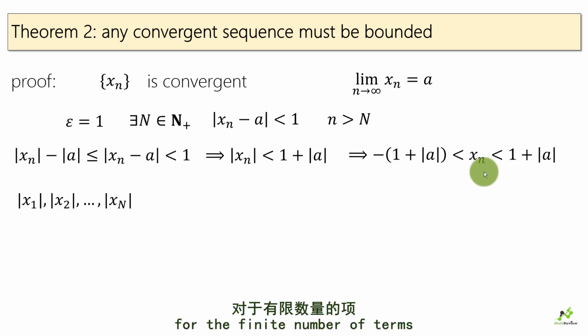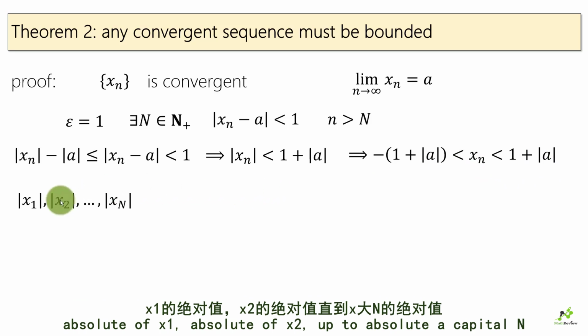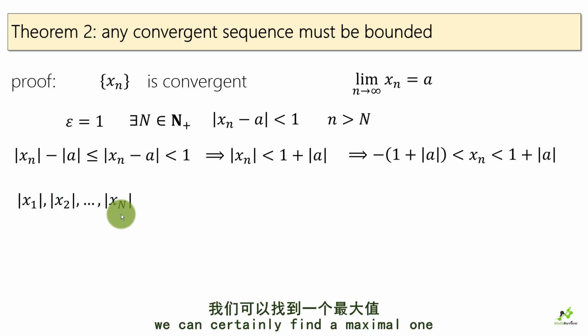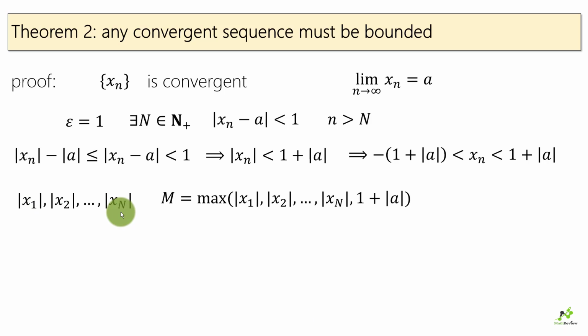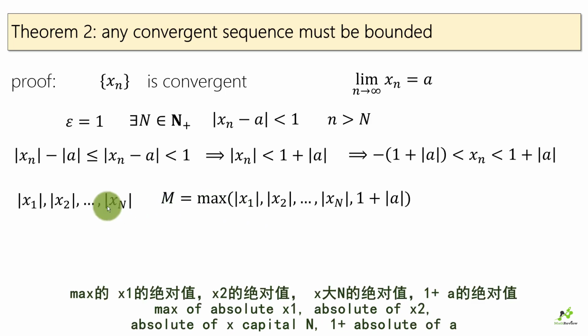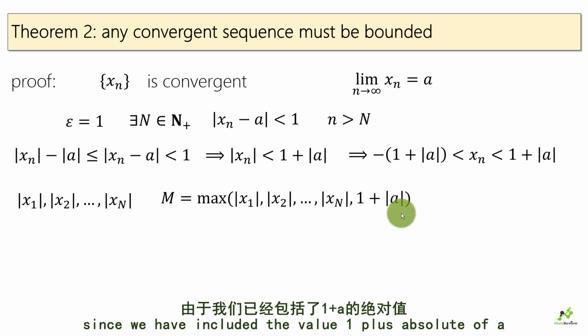For the finite number of terms absolute of x1, absolute of x2, up to absolute of xN, we can certainly find a maximal one. Hence, the capital M equals max of absolute of x1, absolute of x2, up to absolute of xN, and 1 plus absolute of a.